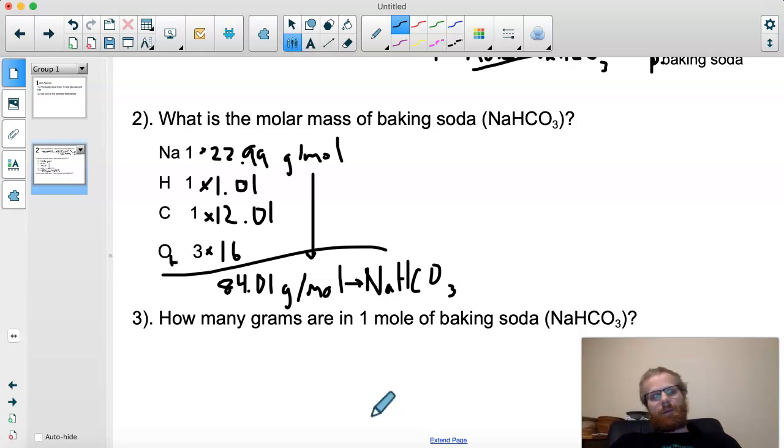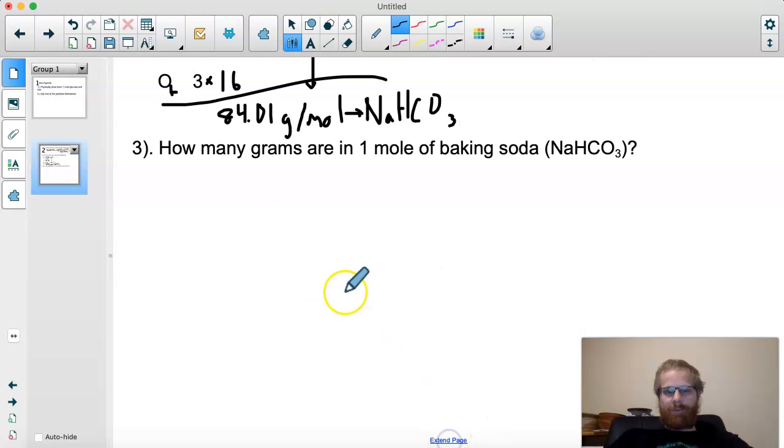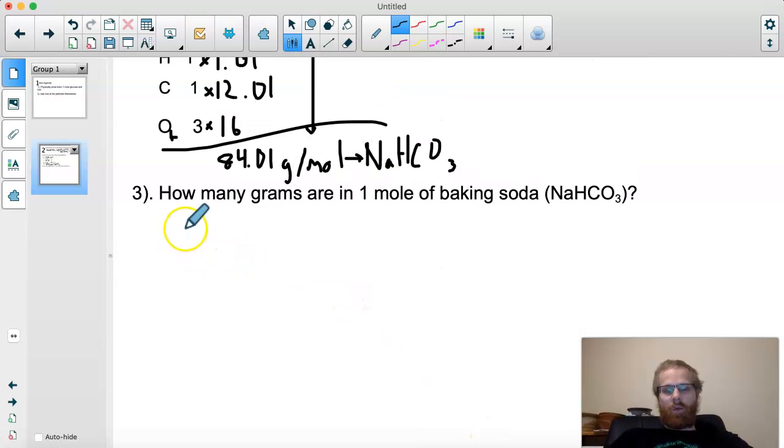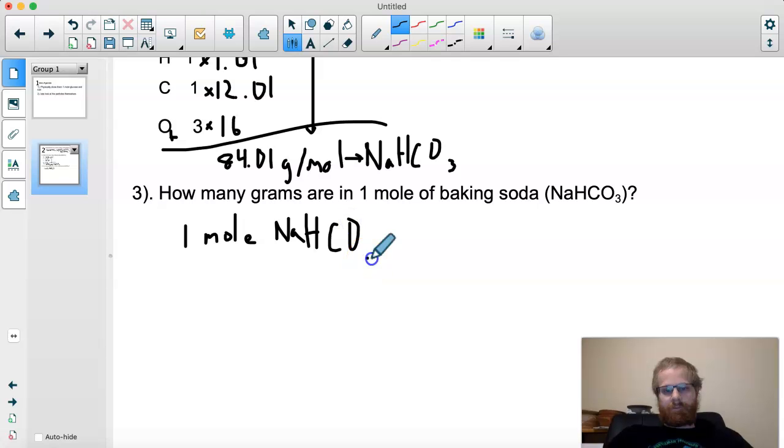Okay. Last problem is number 3. How many grams are in 1 mole of baking soda? So what tool are we going to use to solve this problem? Good. We're actually going to use the molar mass that we just calculated. So we know we've got 1 mole of NaHCO3.